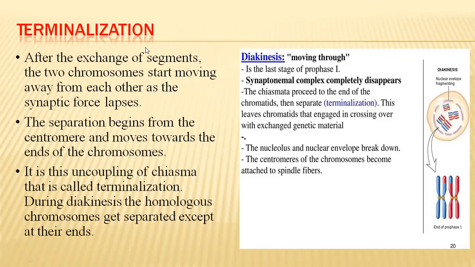Now in terminalization, an unzipping-like process is done. The two chromosomes separate from each other and move away from each other. This is called terminalization, and it takes place in the diakinesis phase, the last phase of prophase 1.